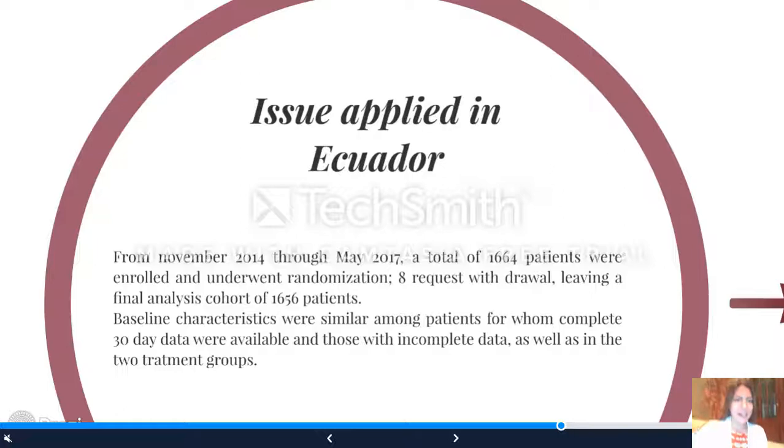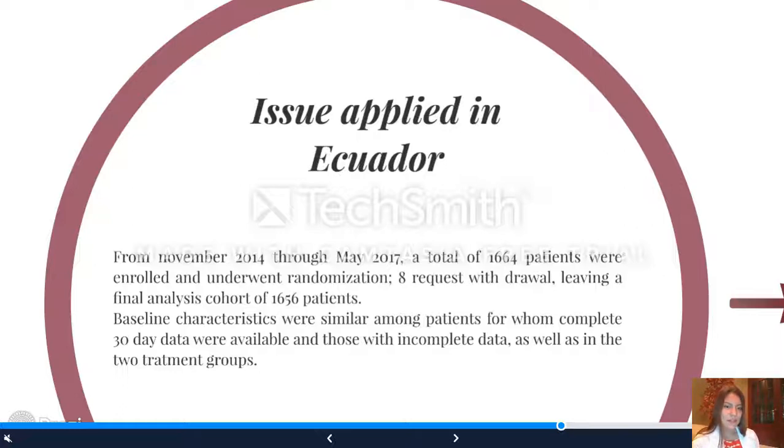The trial was conducted in Ecuador. From November of 2014 through May of 2017, a total of 1664 patients were enrolled and underwent randomization. 8 requested withdrawal, leaving a final analysis cohort of 1656 patients.